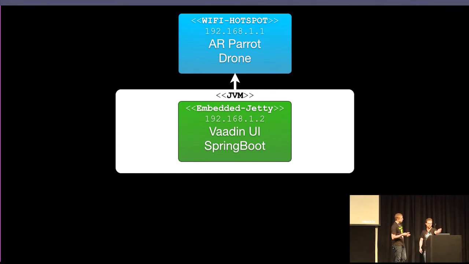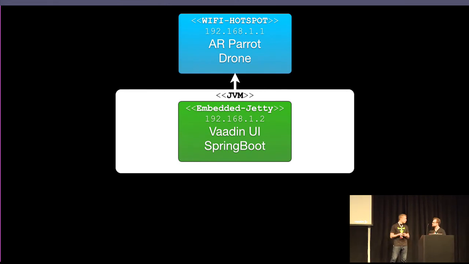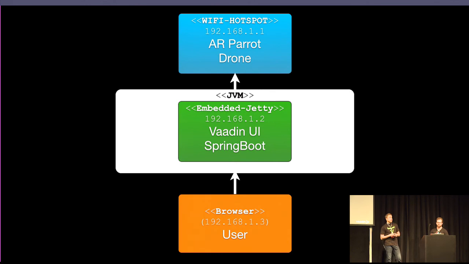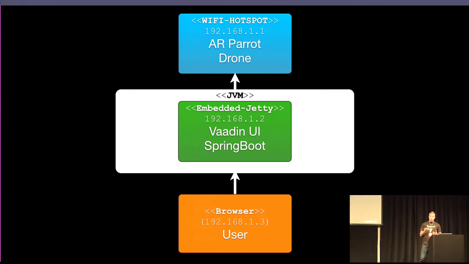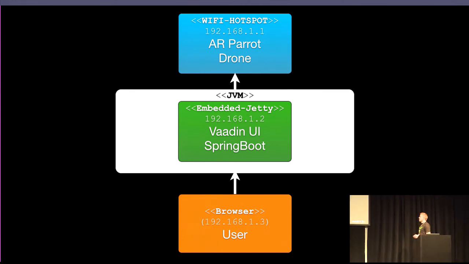Jetty in this case, but it could be Undertow or Tomcat, just by changing the dependencies in the POM XML. And java -jar instead of deploying to a server. Then we have our laptop with the Chrome that we use to connect to the actual Vaadin application, to transmit all the events to the drone and to our JVM.